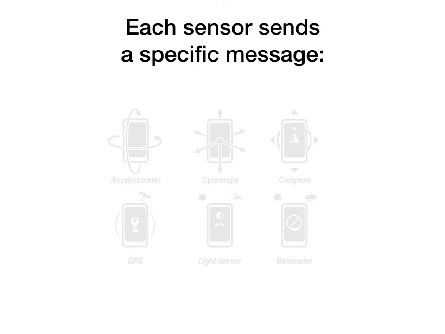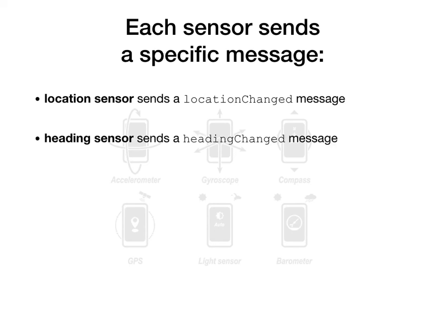Finally, when you are tracking these sensors, each of the sensors is going to send a specific message to LiveCode. For example, the location sensor, when that is on, will send a location changed message. When the heading sensor is on, it will send a heading changed message.